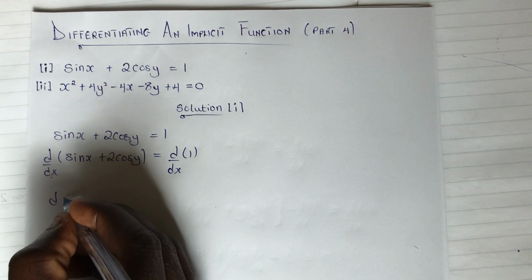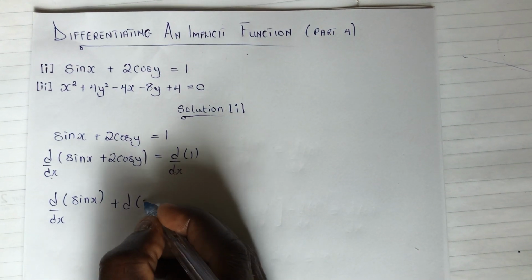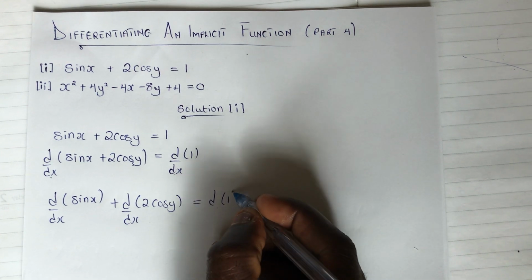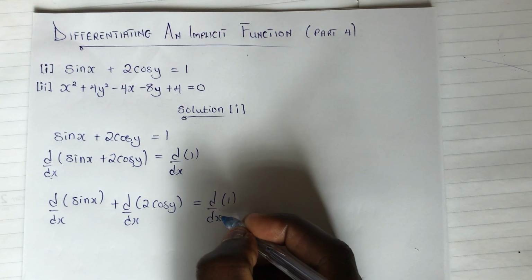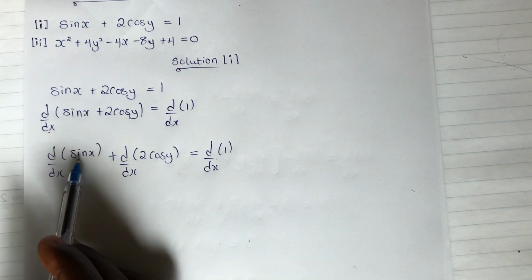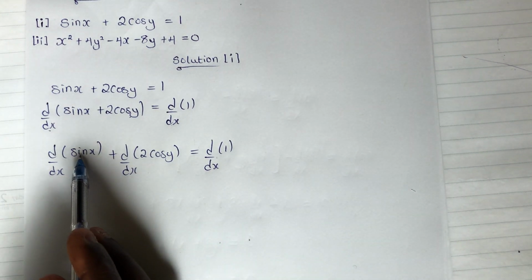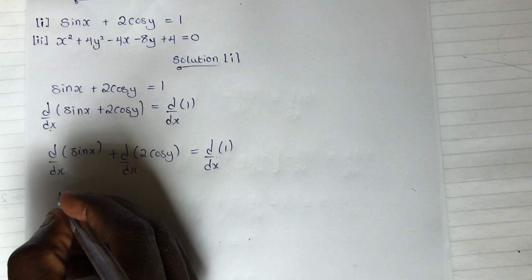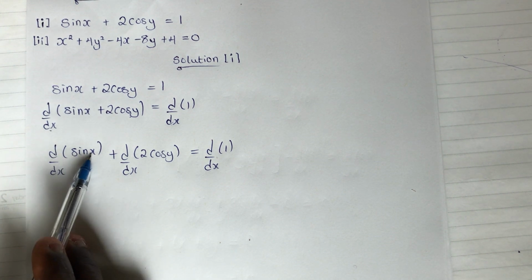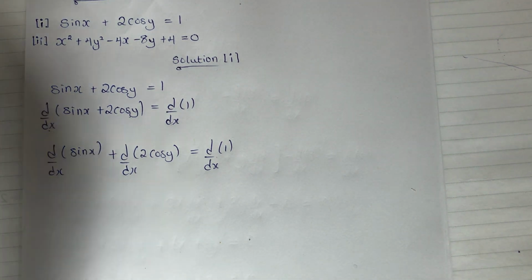So I have d/dx of sin x plus d/dx of 2 cos y, equal to d/dx of the constant 1. Now we differentiate each term one by one, and when I differentiate sin, the result is cos. So when I differentiate sin x, I get cos x. I am differentiating the function sin x with respect to what? x. So it will be d/dx times the result that I get.